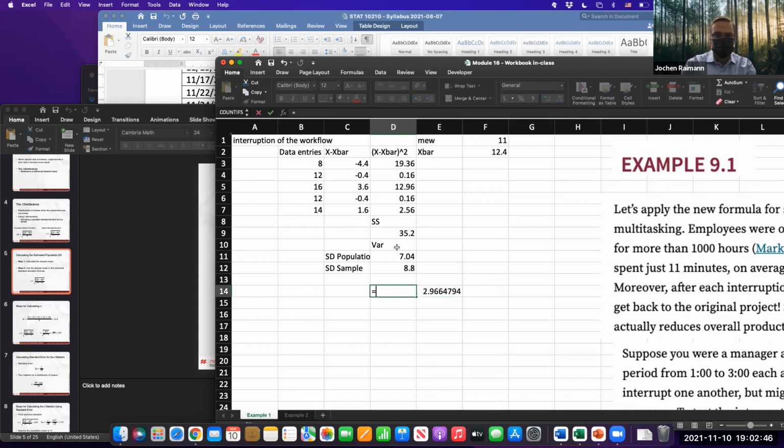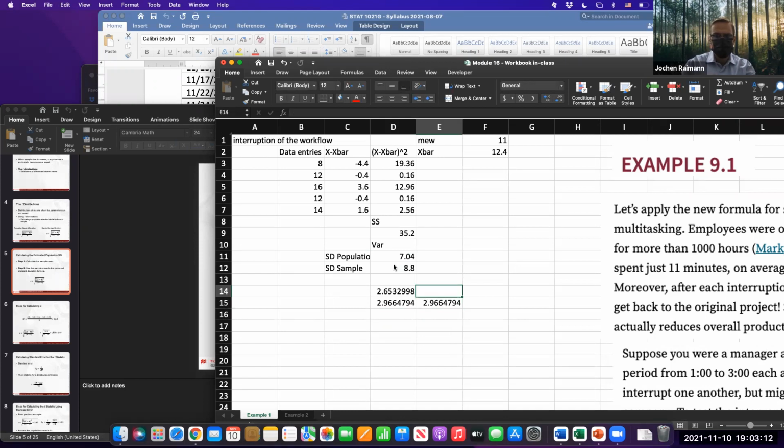So the square root of this is now the standard deviation, right? Can you go over the standard deviation formula again? Yep, just in a second. SQRT of this. 2.996.